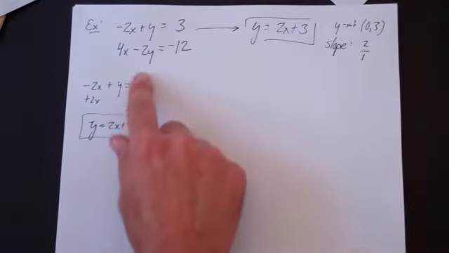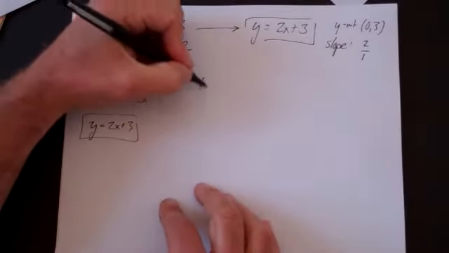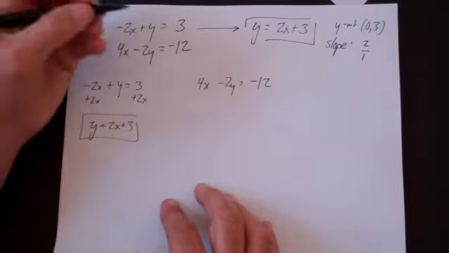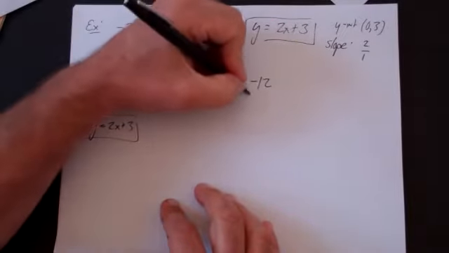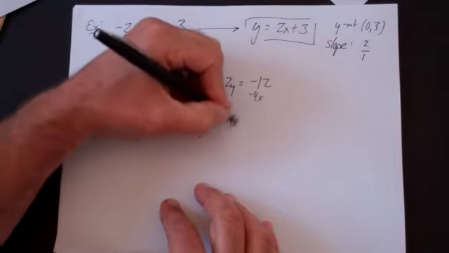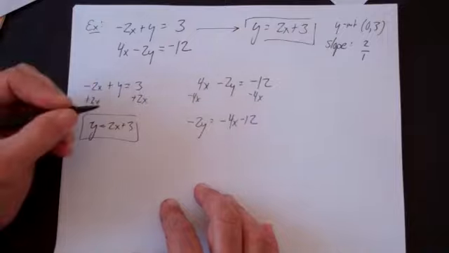Let's rewrite the second problem. 4x minus 2y is minus 12. I'm going to subtract 4x from both sides, and I get minus 2y is equal to minus 4x minus 12.